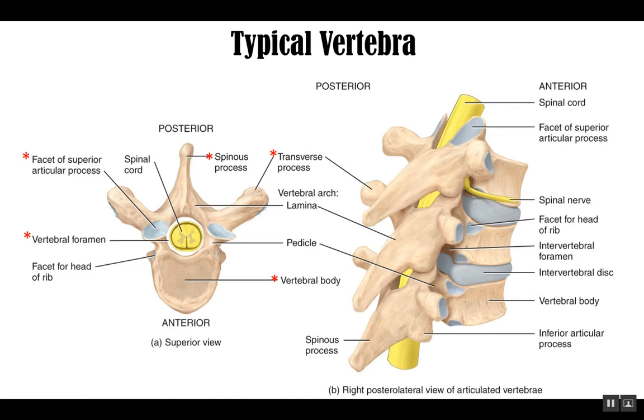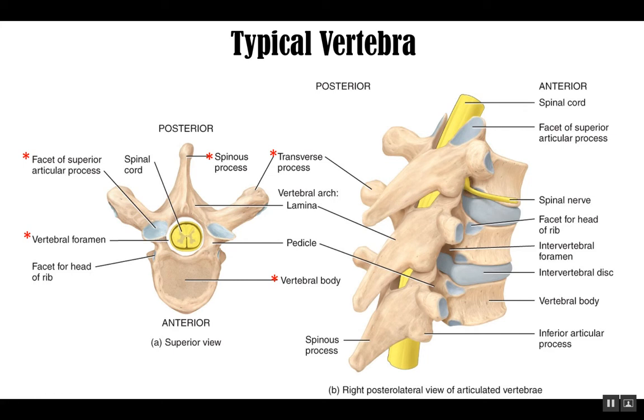They will have facets. A facet is a small, fairly flat surface to form articulations or joints. The vertebrae stack on top of one another. And how they stack is they have articular surfaces called facets. The superior articular facets will be for whatever vertebrae attaches to the top of that vertebra.